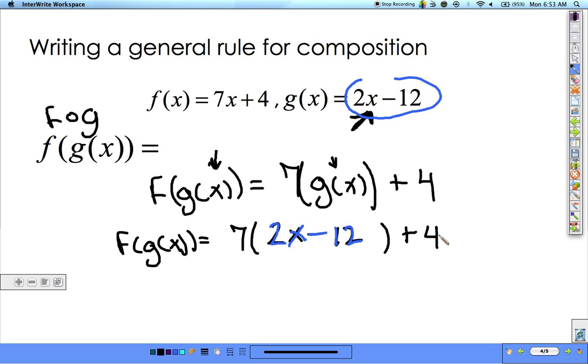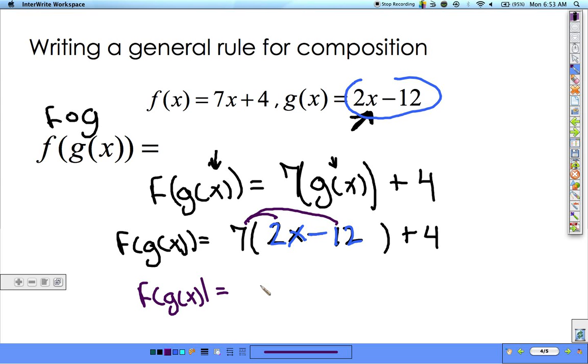And then, of course, I want to finish writing the rest of the function, plus 4. And now I'm almost done. The only thing I need to do is go ahead and simplify. So again, I'll write that f of g of x is equal to 7. I have to distribute this 7 into this set of parentheses.